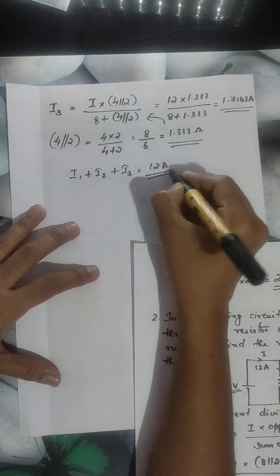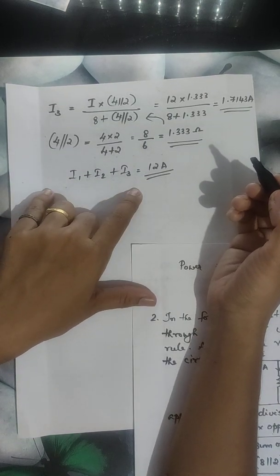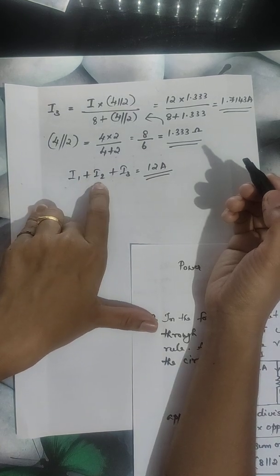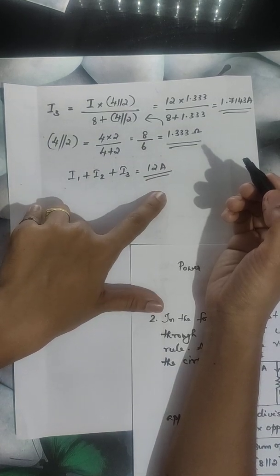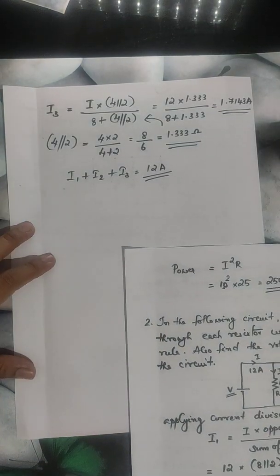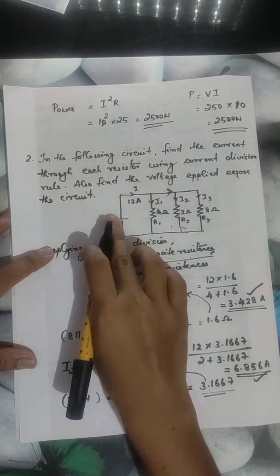So we have the total current as 12 ampere. Now we have calculated I1, I2 and I3. So thereafter just check whether I1 plus I2 plus I3 equals 12 ampere. So now we have to calculate the voltage applied across the circuit also.